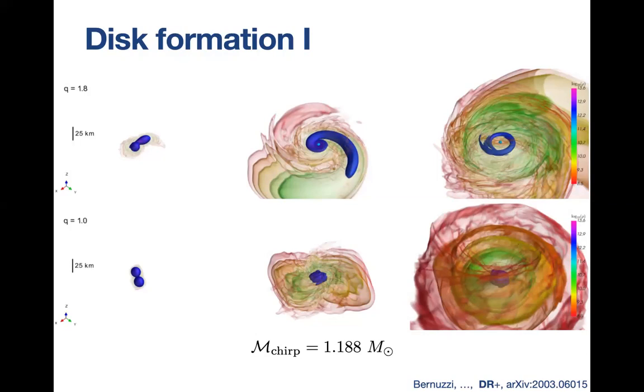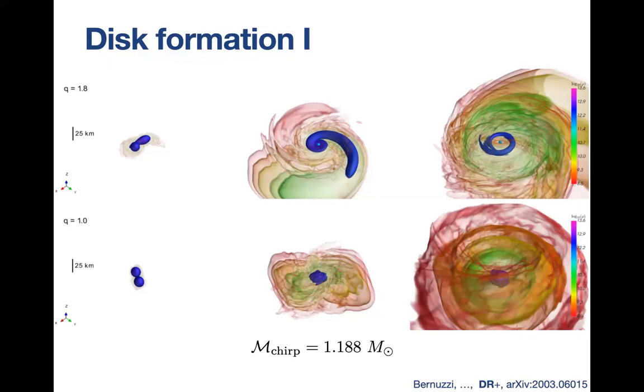If we have prompt black hole formation, then a horizon forms basically close to the time of the first image in the bottom panel, and the stars just fall into the common horizon. So there is no material left outside, all photons, neutrinos, everything is behind the horizon. So we don't expect any electromagnetic counterpart.